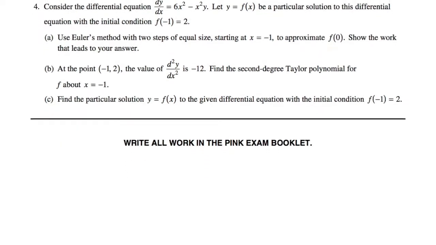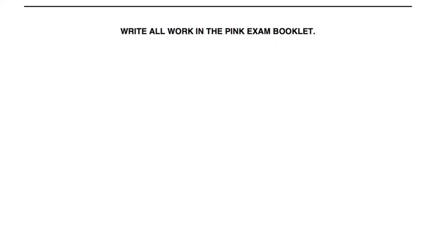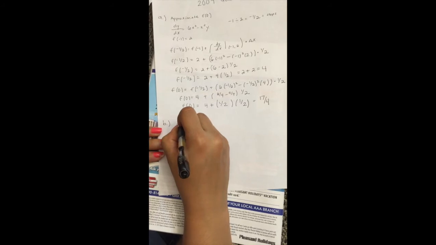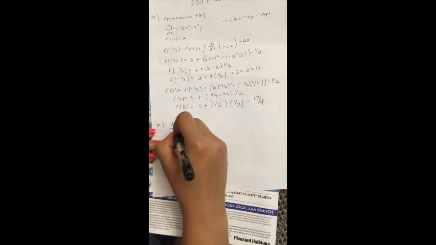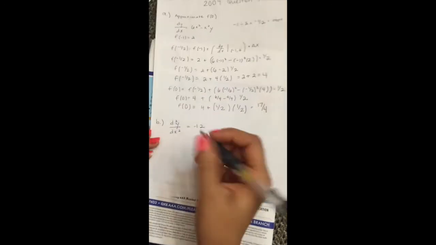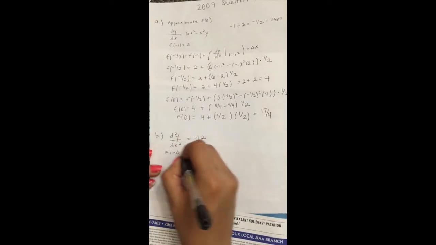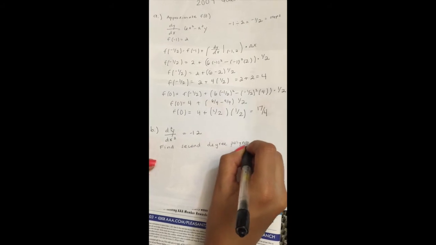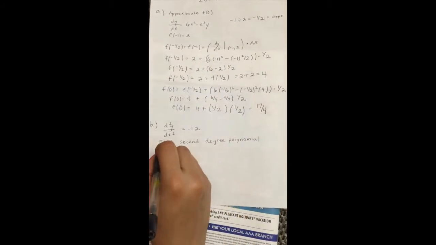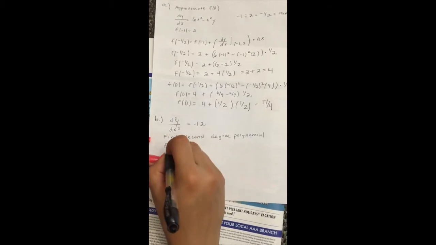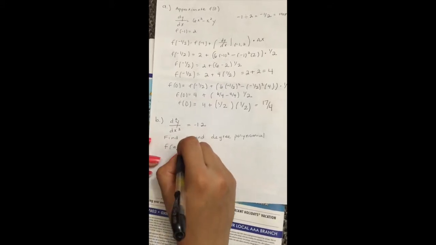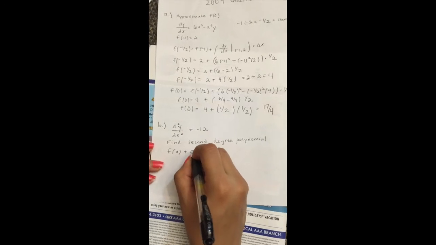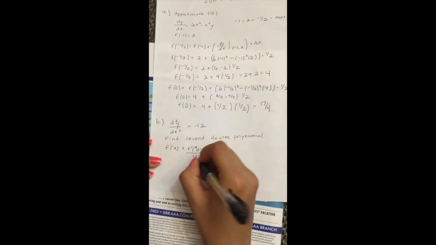For part B, we need to find the second degree Taylor polynomial for f about x equal to -1. The first thing we do is write down what is given to us. We know that the second derivative is equal to -12. Once we have that written down, we write down the formula for the Taylor polynomial, which is f of a plus f prime of a over 1 factorial times x minus a plus f double prime of a times x minus a squared over 2 factorial.